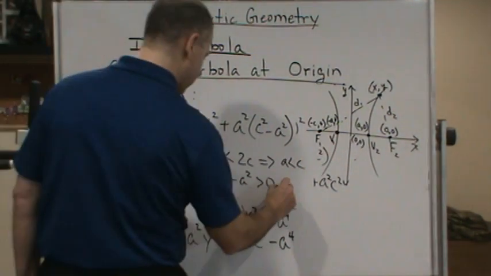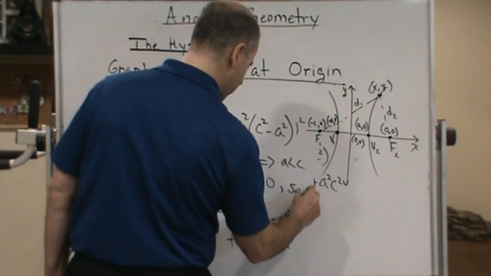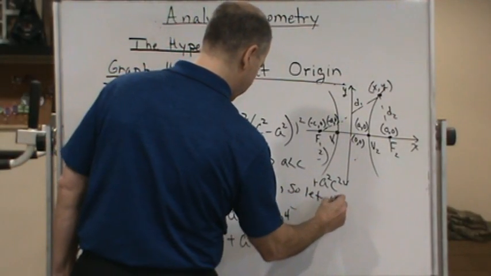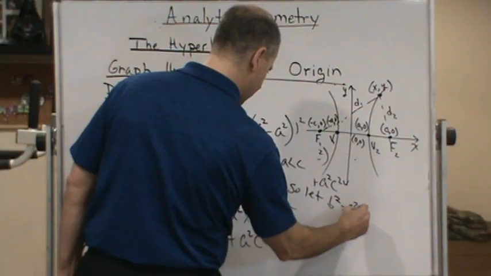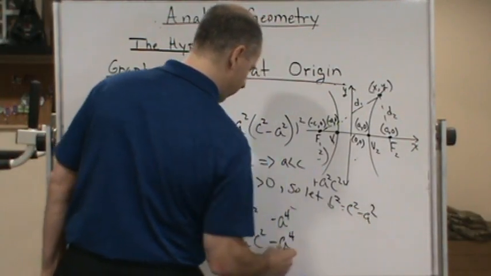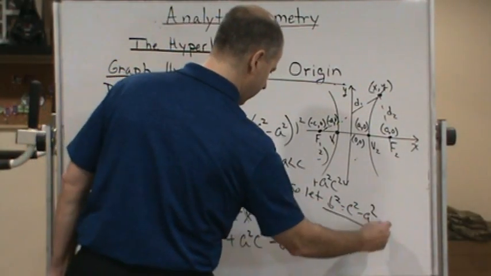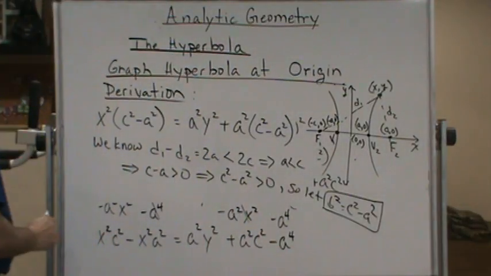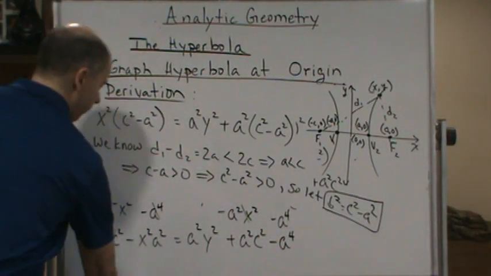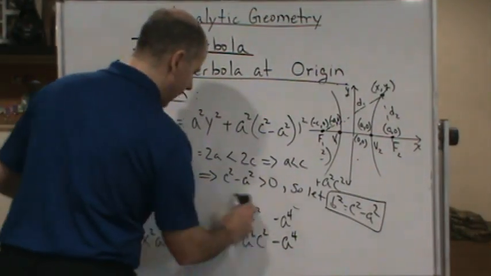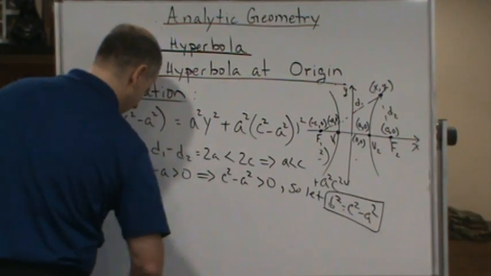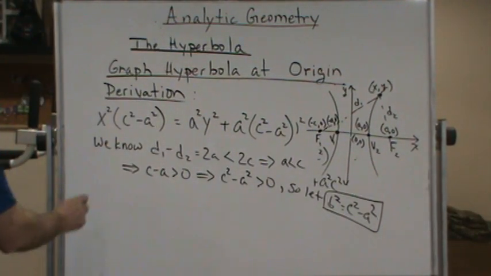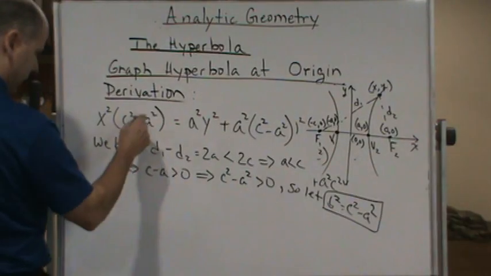And so we're going to let b squared equal c squared minus a squared, just like before. We're going to define that positive difference as b squared. Now we're going to substitute in for b squared here.